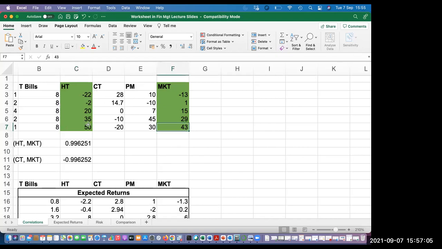And this is what we call a cyclical stock. A cyclical stock is a stock that behaves like the economy or the market. So when the market is doing well, it does well. When the economy is doing well, it does well. If you take something like airlines, airlines are cyclical in the sense that when there's a crisis, people don't even have money to buy air tickets.